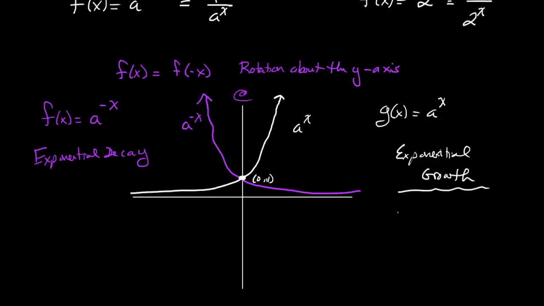A very, very common example of exponential growth, you would think my paycheck, and that is not true. But actually, a very common example is a bacterial or viral colony. These are examples of exponential growth, and a lot of populations model exponential growth.